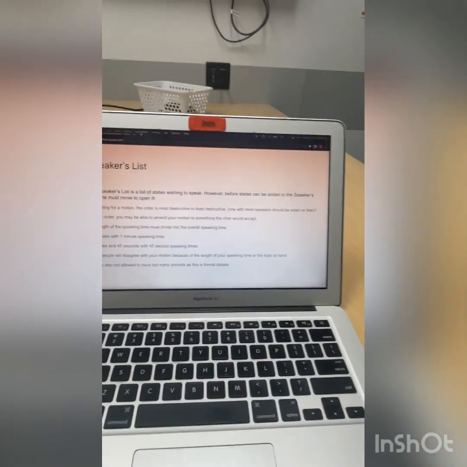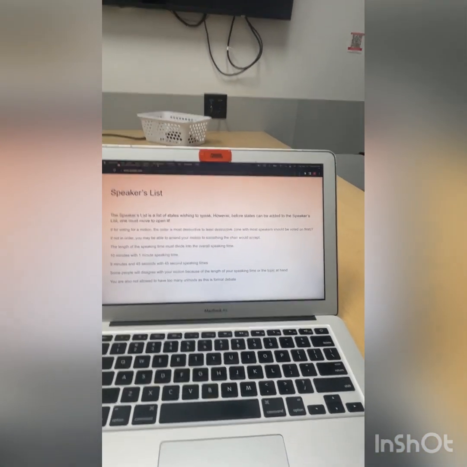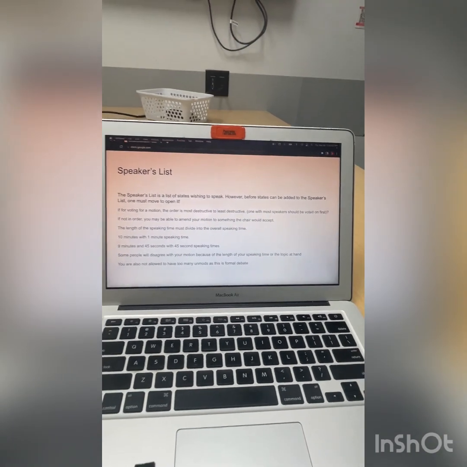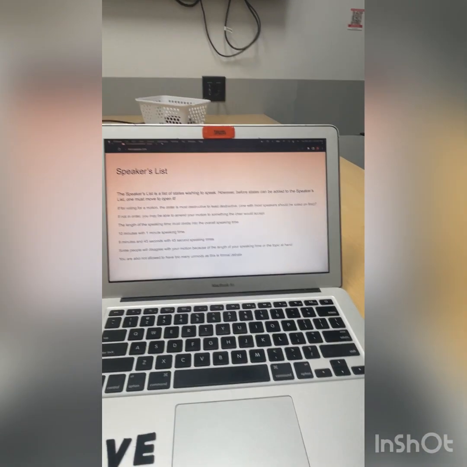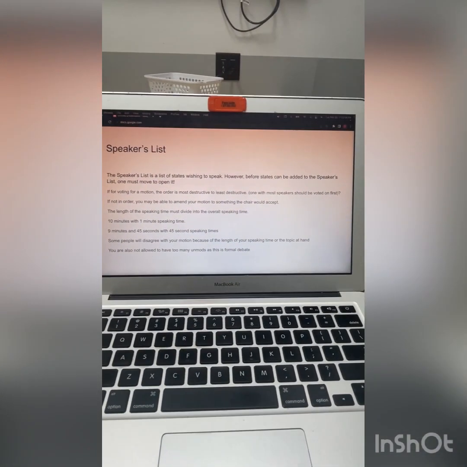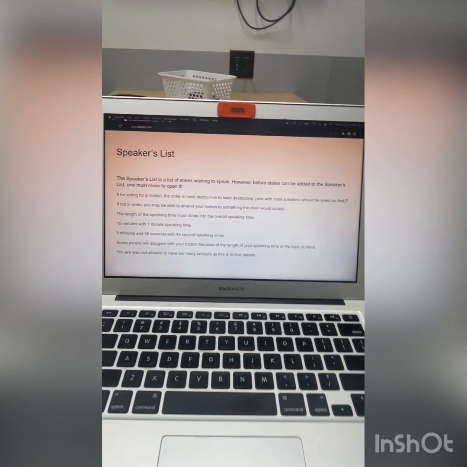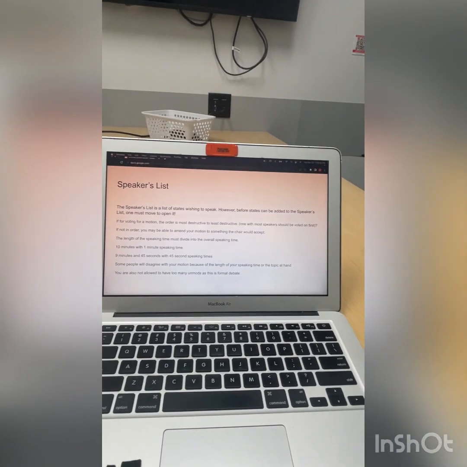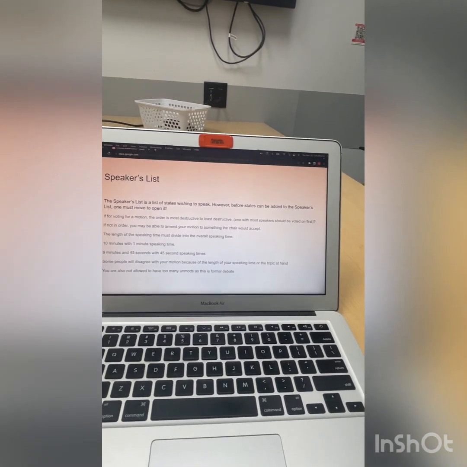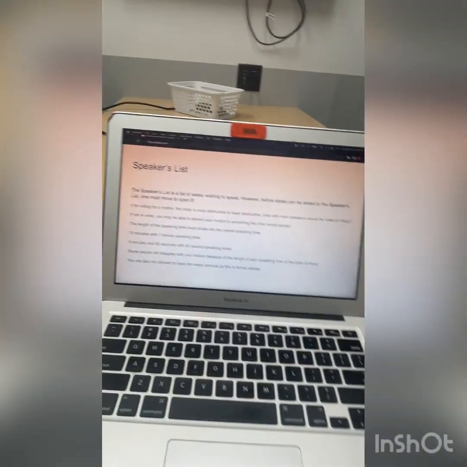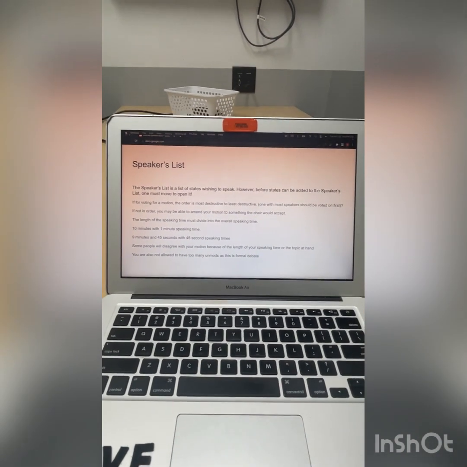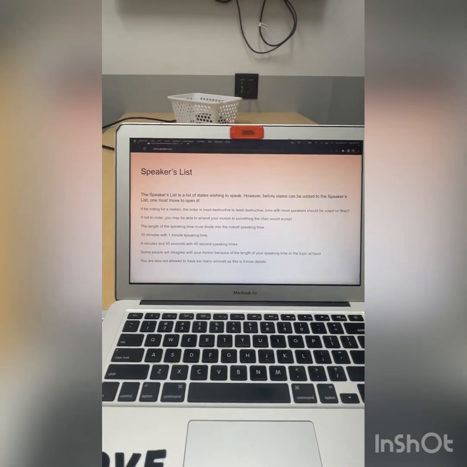If your motion is not in order, you may ask for amending your motion to something that the chair would accept. Sometimes they will ask, would you like to amend the motion? And then you can amend it, because maybe your speaking time was not divided equally into the overall speaking time.